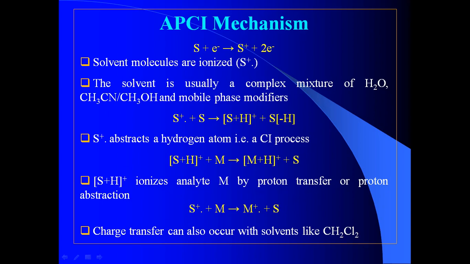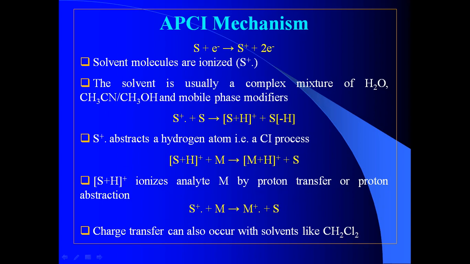Here I mentioned the M as the analyte molecule, and this collides with the analyte molecules and converts it into the analyte molecular ion. You can see the stable sample ions.